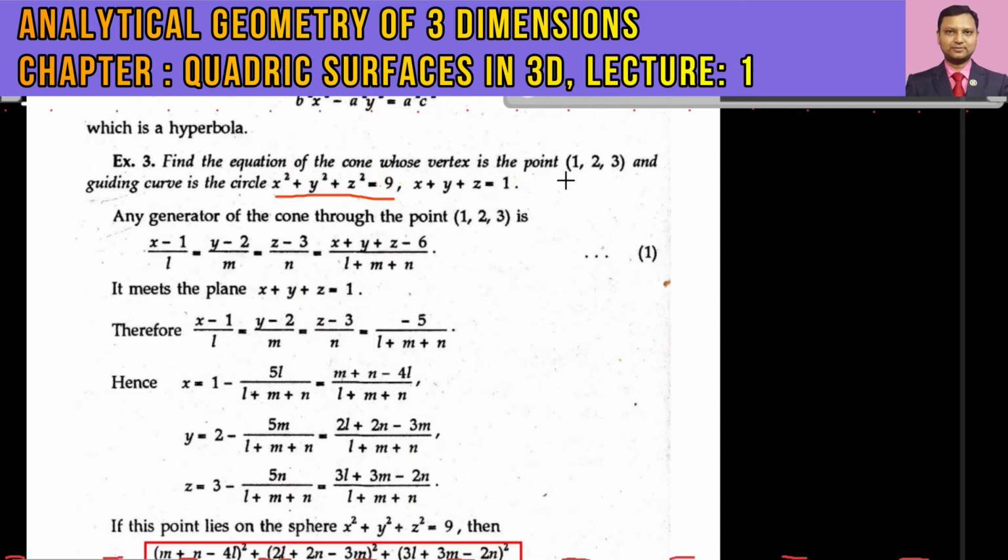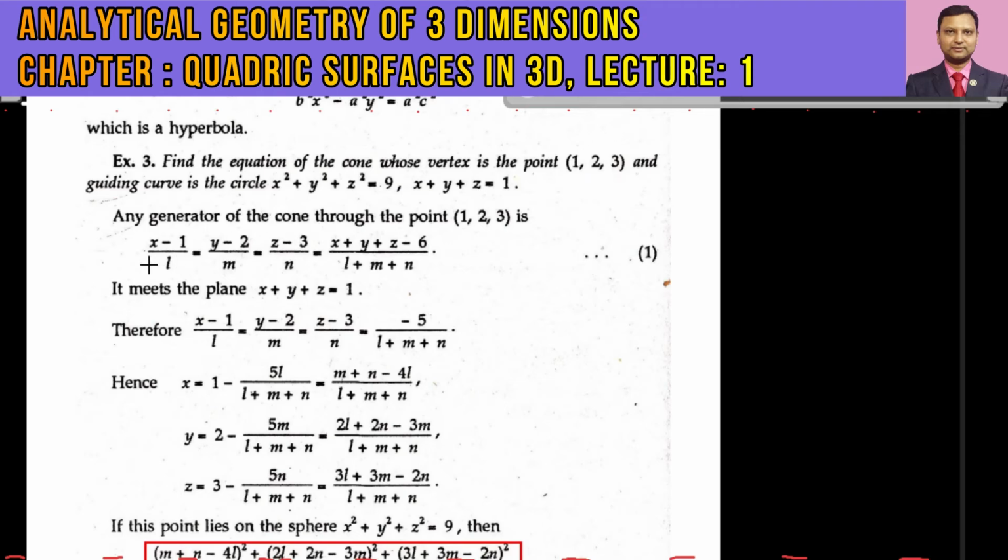Okay. Now, what we have to do, we have to firstly construct the equation of the generator. Generator is a straight line passing through this point 1, 2, 3. This is the vertex of the required cone.